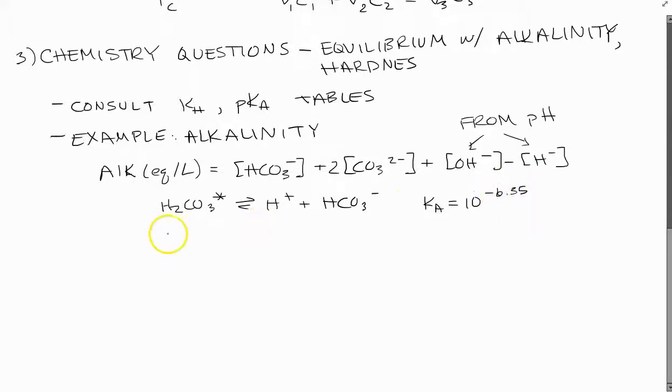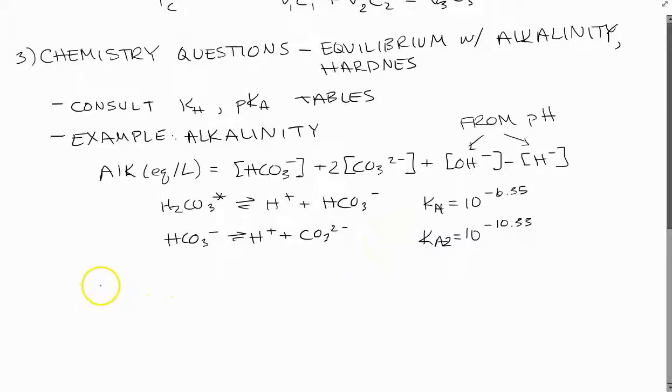Okay, and we can do the same. Bicarbonate loses a proton, becomes carbonate, and the Ka to that is 10 to the negative pKa, that's going to be pKa 2, which is 10.33. Okay, so you can construct your equilibrium equations with that information.